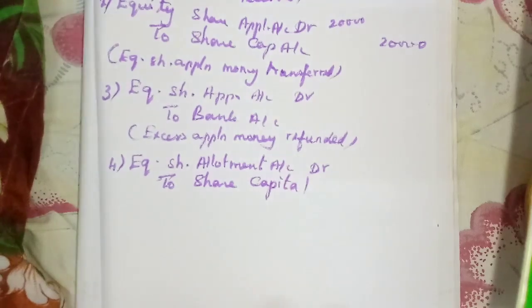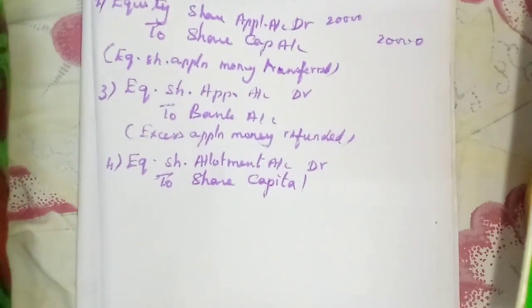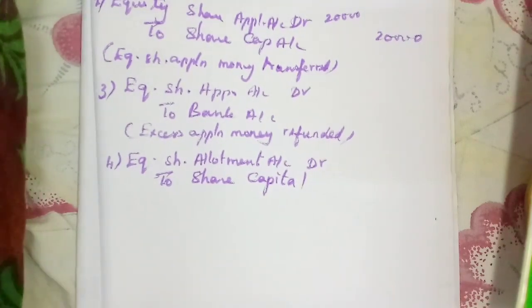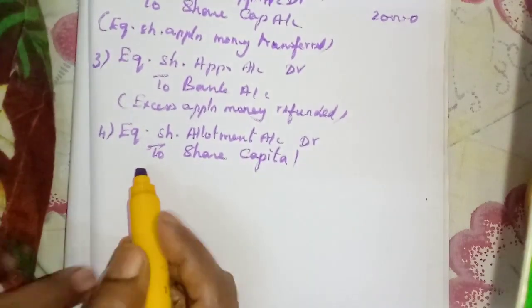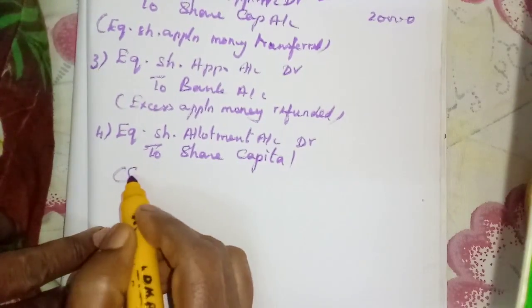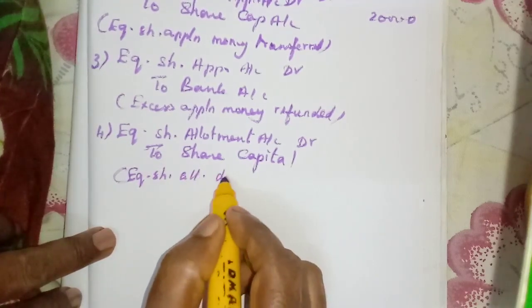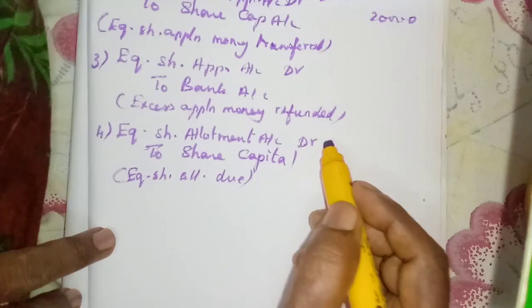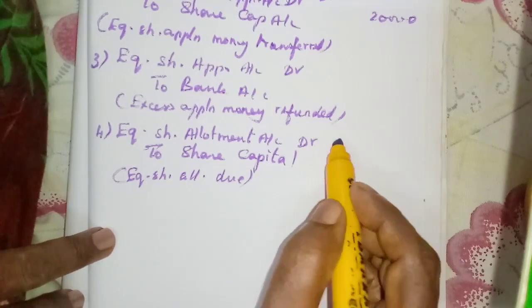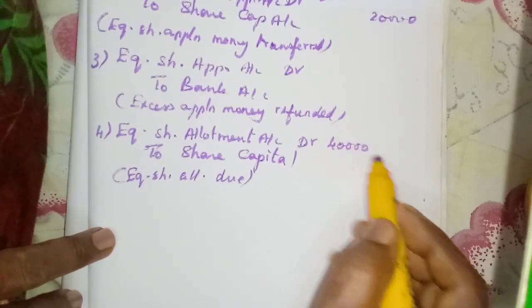For allotment, they will decide how much money they can allot. And they will write equity share allotment due. 10,000 shares into 4, that is 40,000.